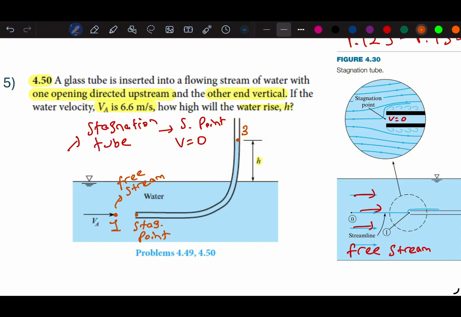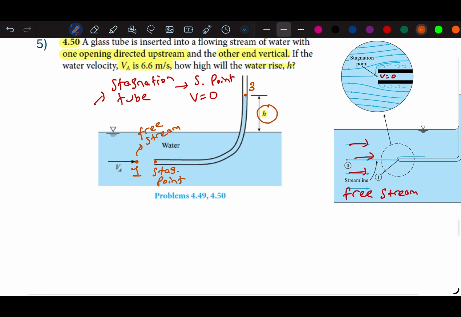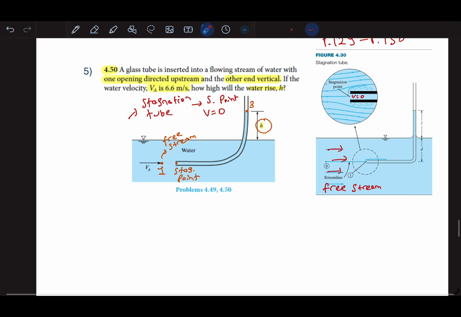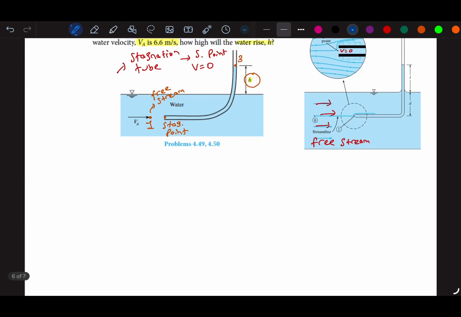So we need to find the rise in this vertical leg above the water surface. Again, we are going to apply Bernoulli's equation, because there is no change in the velocity, and this is given directly without mentioning any change in time. So let me start writing Bernoulli's equation.